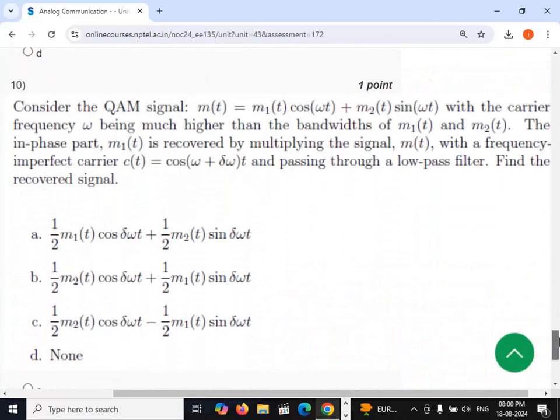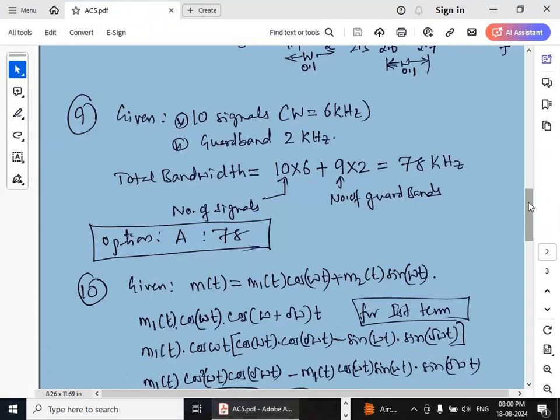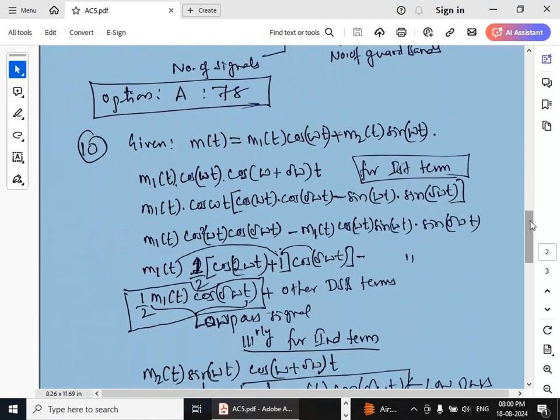The 10th question: QAM signal, m1 of t cos omega t, m2 sin omega t. We'll see the solution for the last question, on QAM demodulation. So m of t equals m1 cos omega t plus m2 sin omega t. I will consider the first term. You can see the given carrier is omega plus delta omega.